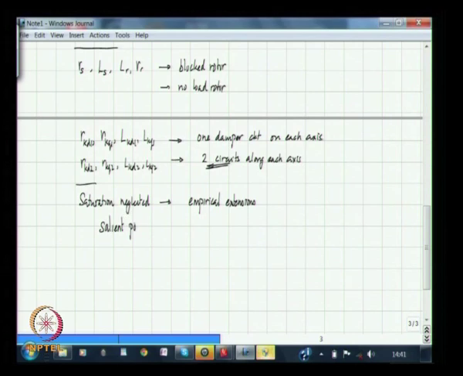If it is a salient pole synchronous machine, then there is a small simplification in the sense that saturation is assumed to occur only on the d axis, because this is where your air gap is small, and therefore it is likely that saturation occurs here. On the q axis you have a large air gap, and therefore it is unlikely that the axis will go into saturation. So no saturation on the q axis.